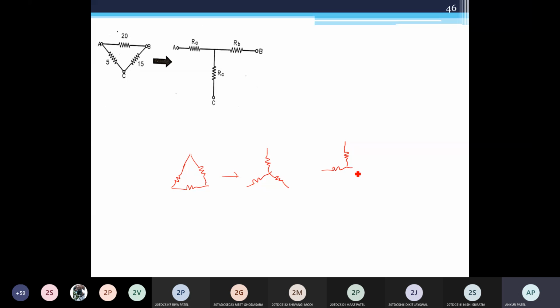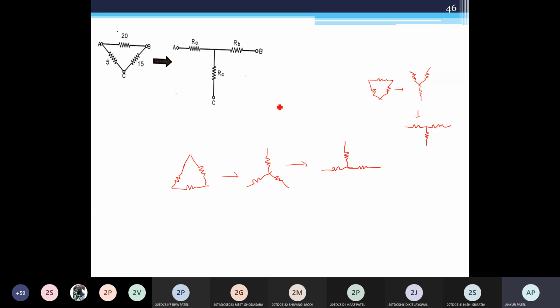This is your star connection, and it is similar. Now reverse: if a delta is given like this, you can draw it like this, or you can also draw like this. This is your star connection, with one common point. Are you getting this?